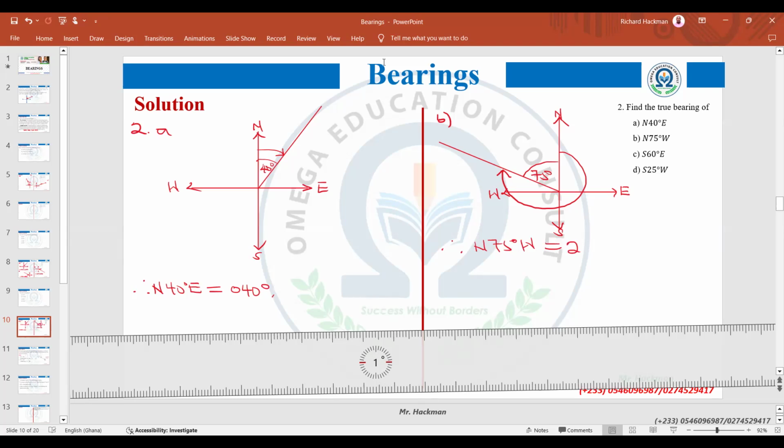I'm waiting. 295 degrees, 285, right? Okay, so 295 degrees. And you can see that we are going back. So we have to get the exact angles that we have there. These were the compass bearings that we had for the true bearing. So we are going back to see whether we get the corresponding true bearing. Is my point well made?